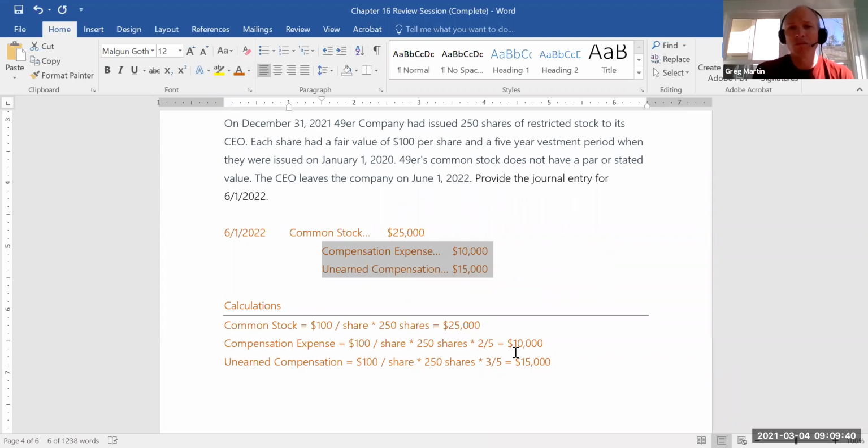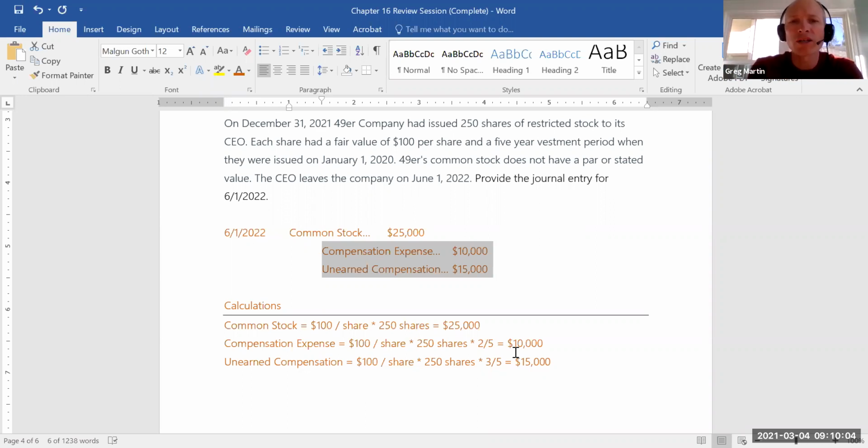So they kind of worked for free because they left and gave up their shares, at least for this portion of their compensation. And so the idea is that from 2020 all the way to 2022, if you summarize the compensation expense over all 3 of those years, it's 0.